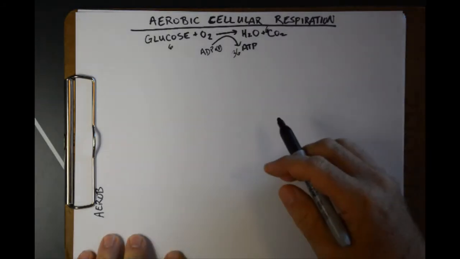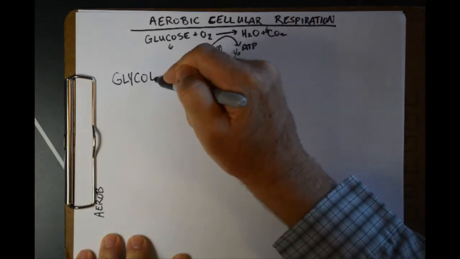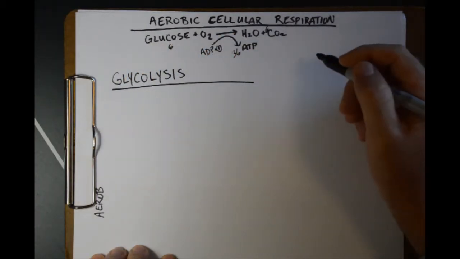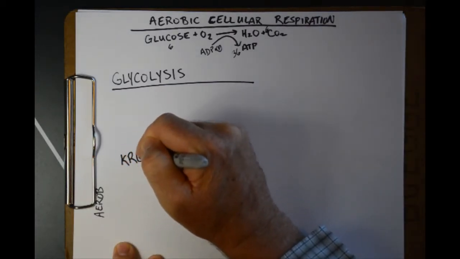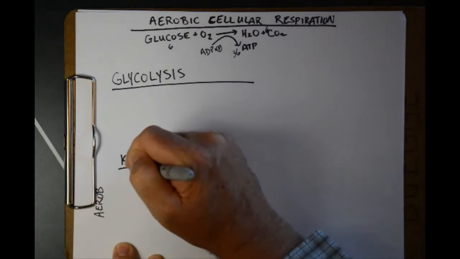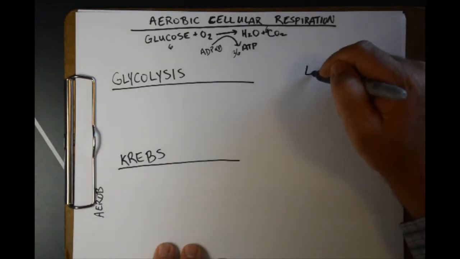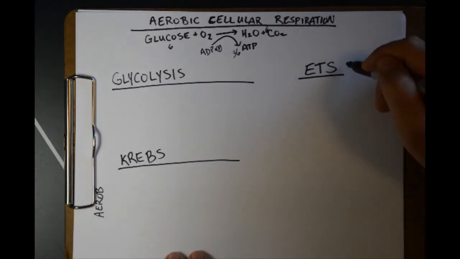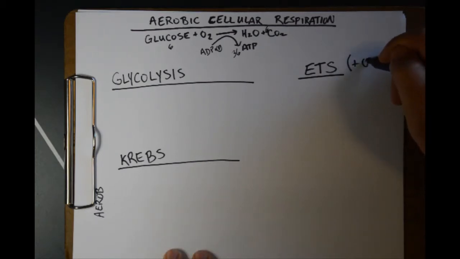So let's break things down as the following. Glycolysis is part of what I'm going to do, and then the Krebs cycle. I'm just going to shorthand those, and then we have a separate one, the electron transport system, and I'm going to add into this, I'll just put it in parentheses, that also includes oxidative phosphorylation.